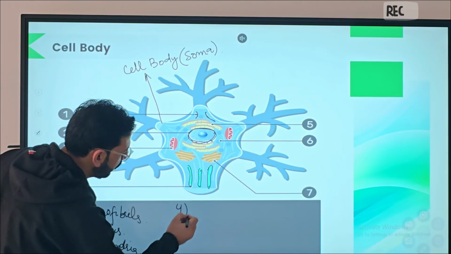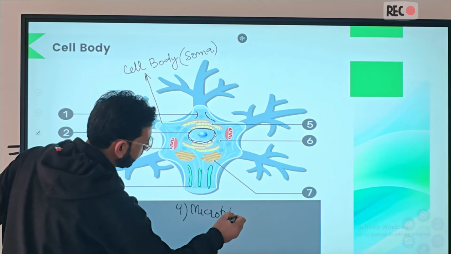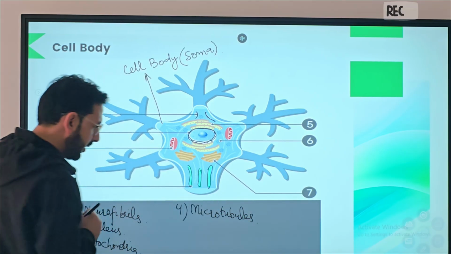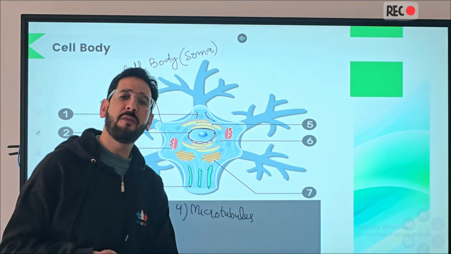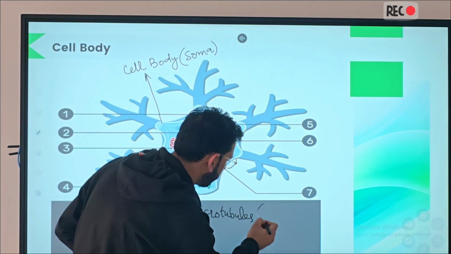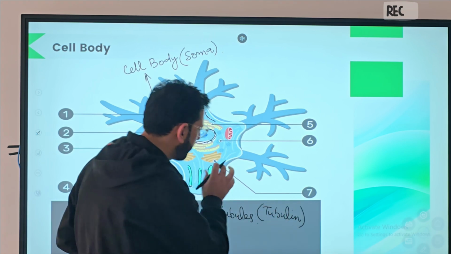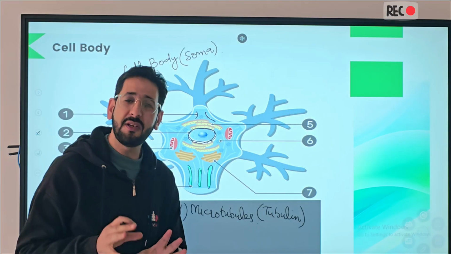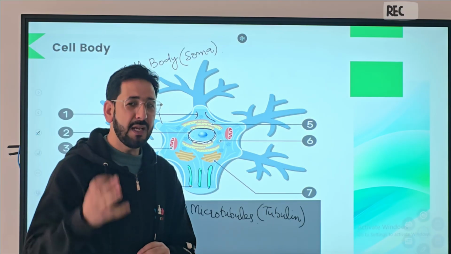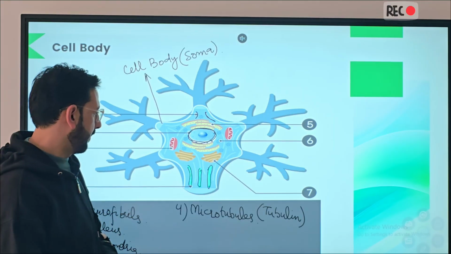So, number 4, we have microtubules. Now, these microtubules are actually made up of a protein called tubulin. We have alpha tubulin, we have beta tubulin. Okay, about these microtubules, I've already told you that they perform very important functions in the axon. So we will be talking about the microtubules in detail in the axon part.